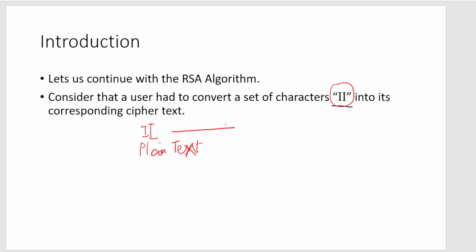I want to convert this into some ciphertext. This is the objective of our program: I have a plain text and I want to convert it into ciphertext.